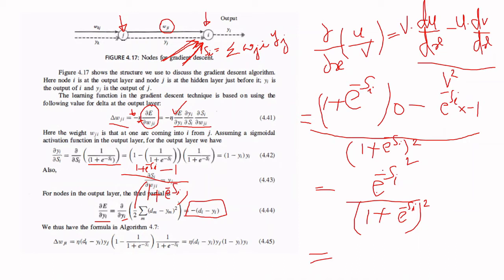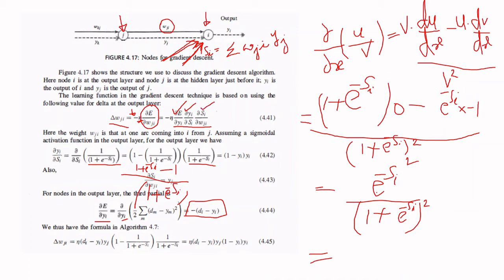That is what is here: e raised to minus s_i divided by 1 plus e raised to minus s_i, into 1 over 1 plus e raised to minus s_i. So you can say 1 by 1 plus e raised to minus s_i is y_i. That is why it is 1 minus y_i into y_i. That is what is ∂y_i/∂s_i. So this is also derived.